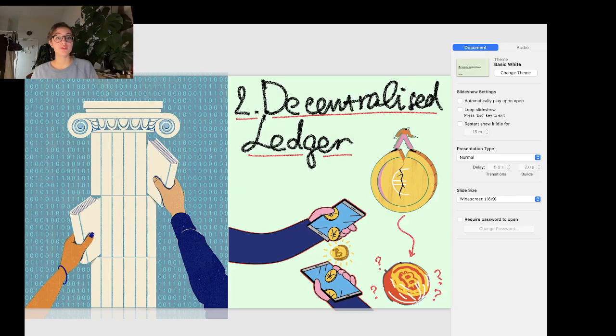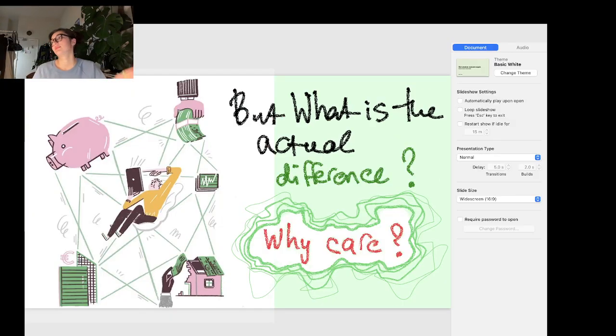We are fully owning, let's say, our transactions, and that is what makes the difference between a centralized and a decentralized ledger.